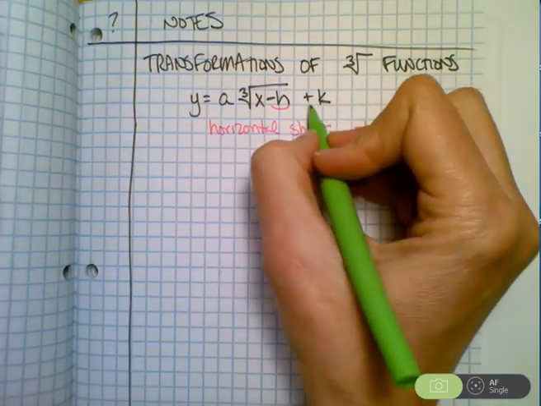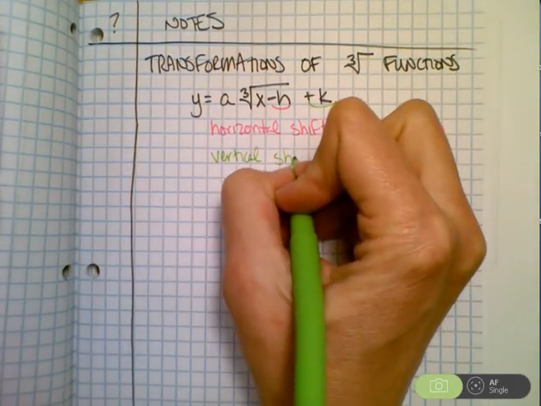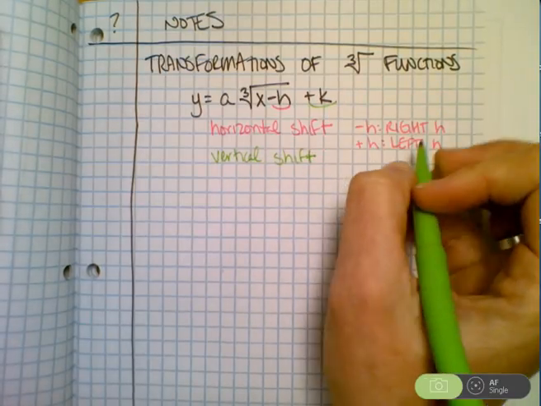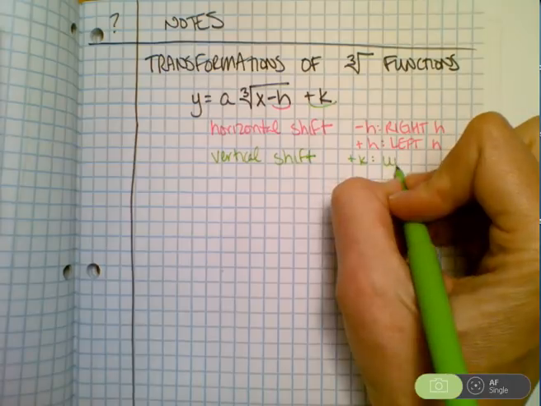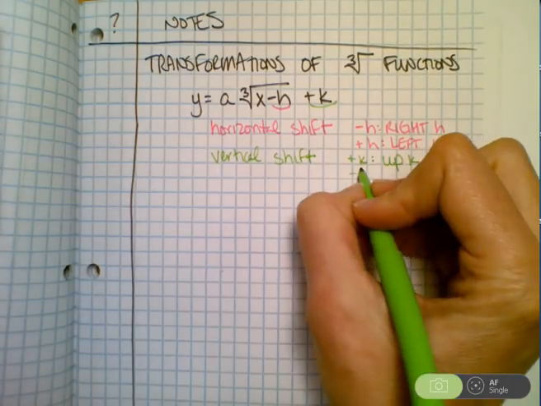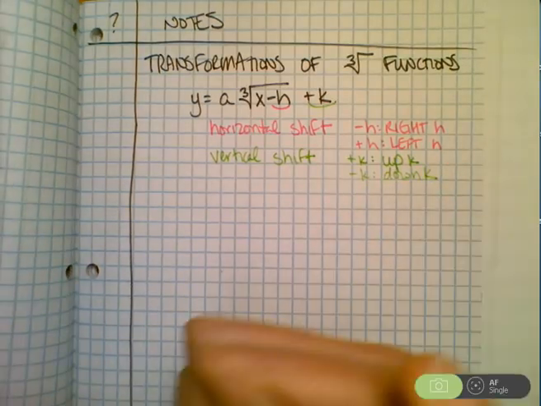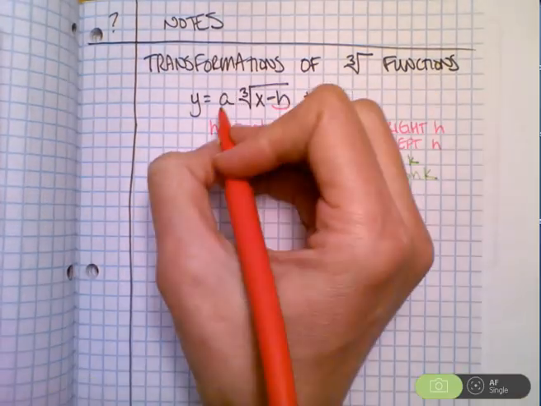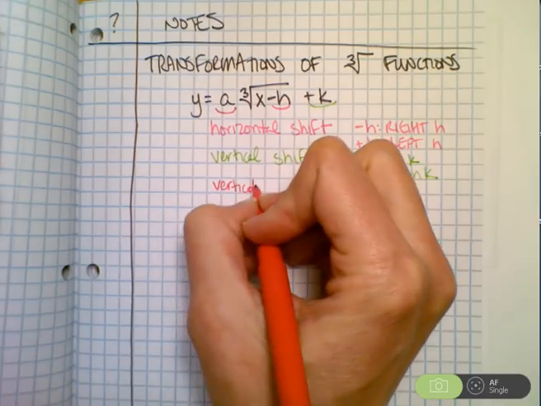K is a vertical shift. I know some of you right now are like, I can't read that green pen. I don't like it. That's okay. I won't use it very much. Up or down, k units. And a is our vertical stretch.